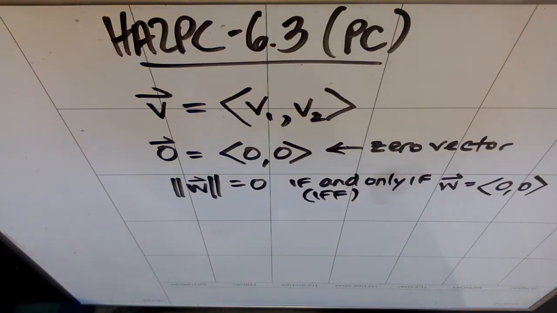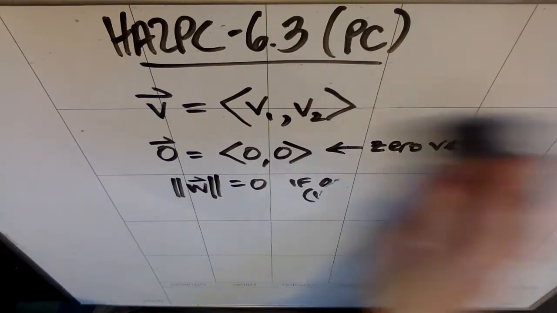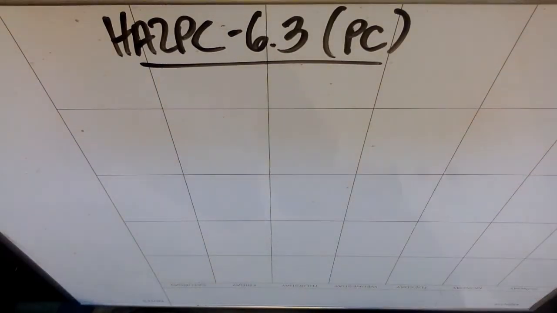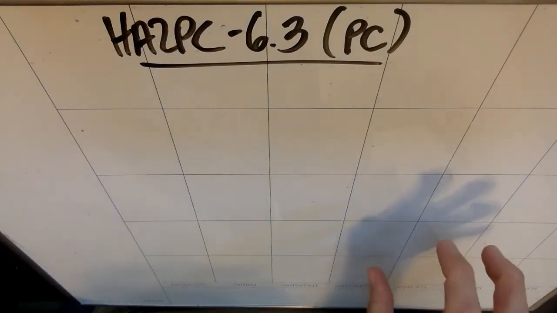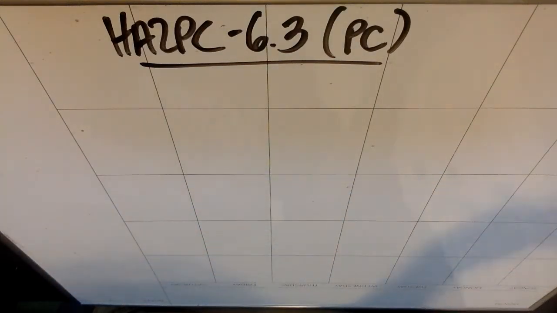All right, so what we're going to do in this example is I'm going to give you a vector in the form of an initial point and a terminal point, and then we're going to find the component form of the vector.